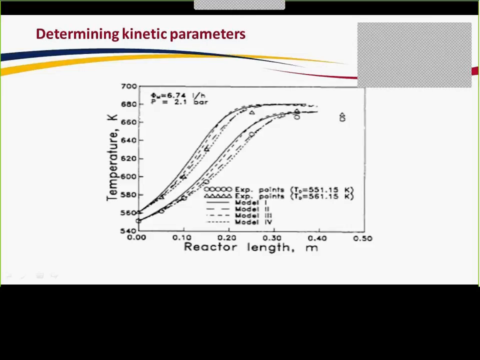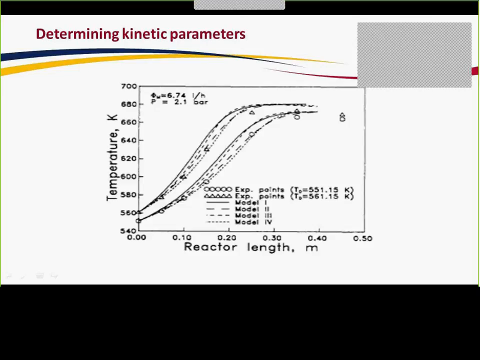By doing this, we were able to determine our pre-exponential factor and our activation energy. We combined these two pieces of data with an approximation of the equilibrium constant, and by finding all these pieces of information, we were able to determine our heterogeneous catalyst rate expression.